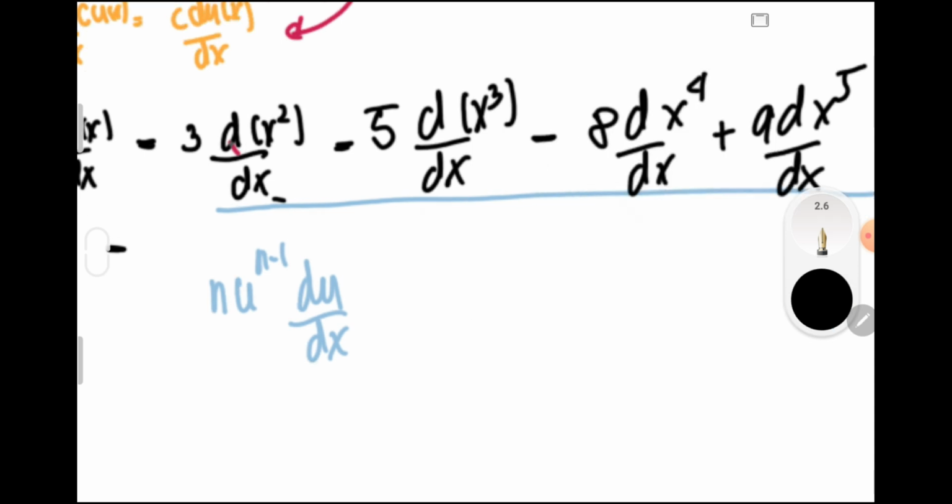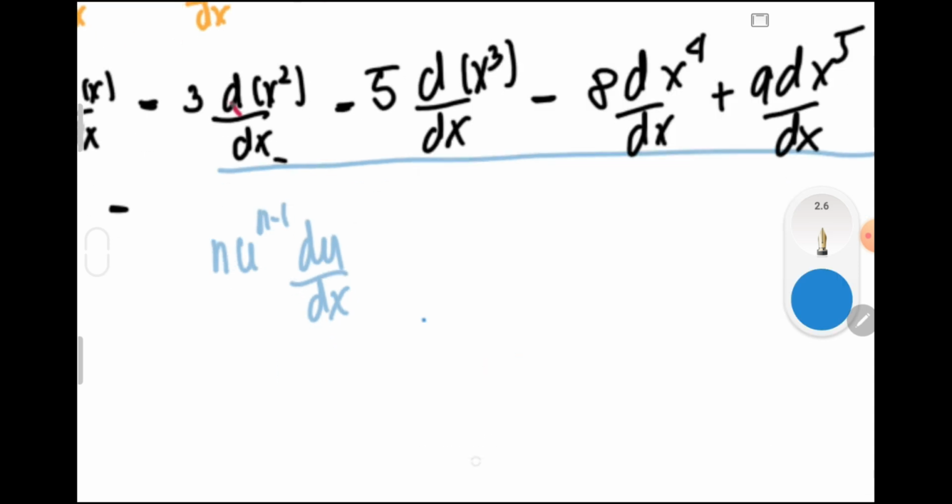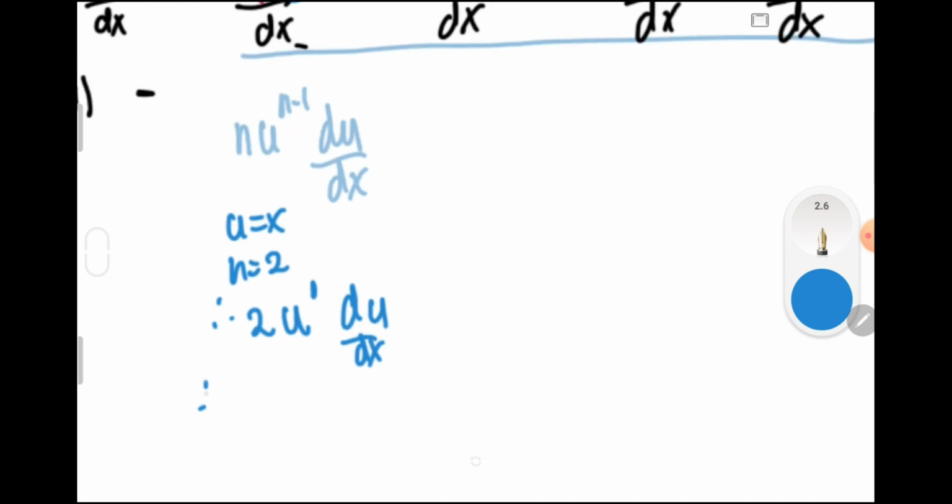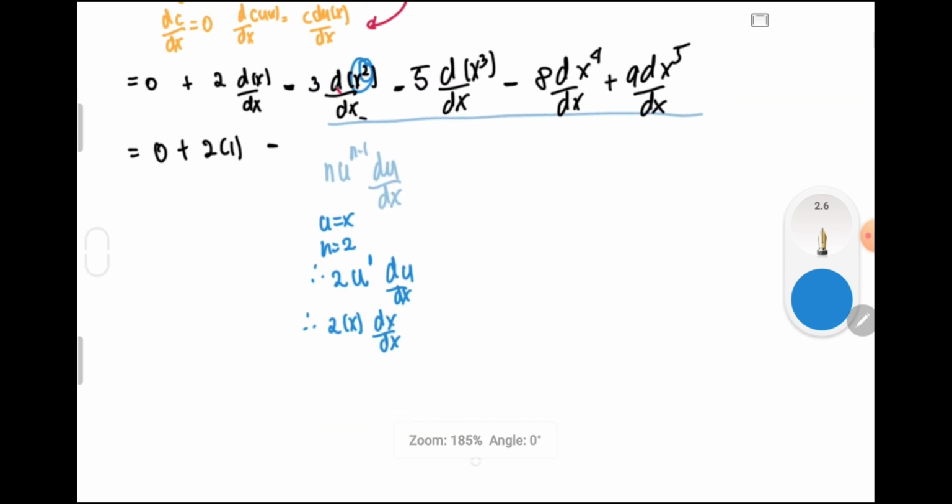Let's say that our u here will be x. So u is equal to x, and n will be equal to 2. So from this, we'll have a value of 2 u raised to n minus 1 du over dx, wherein u is equal to x. Therefore, we'll have 2 multiplied by x dx over dx. So from this, we may demonstrate that it is equal to 2.